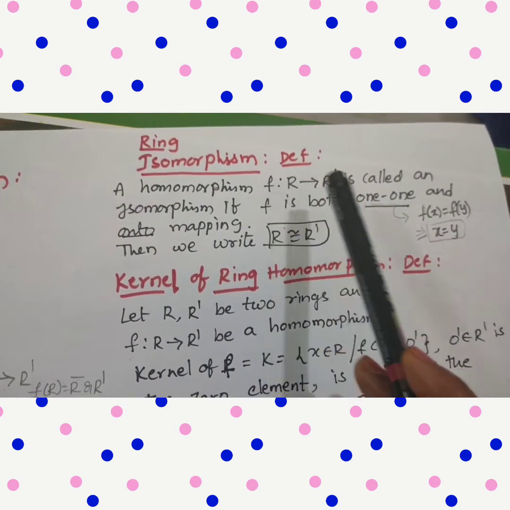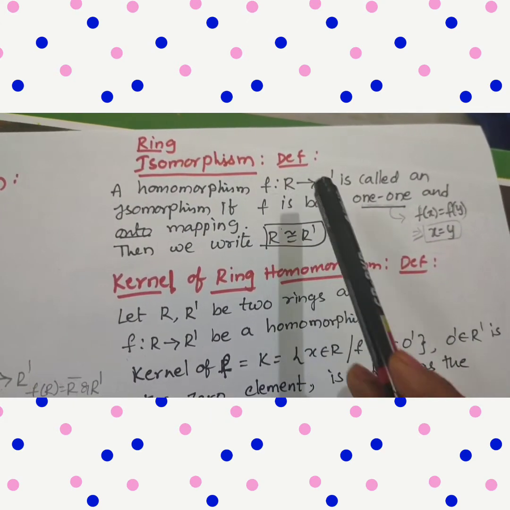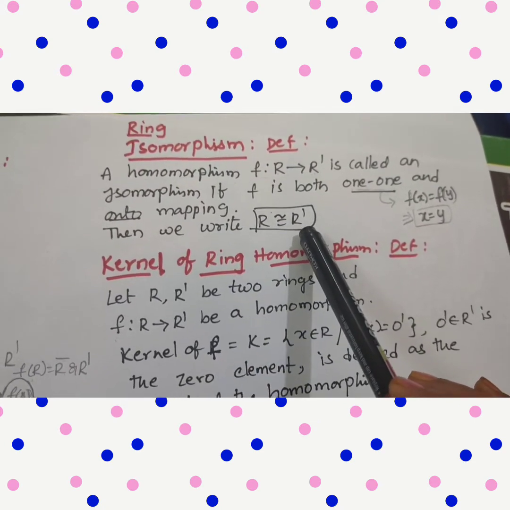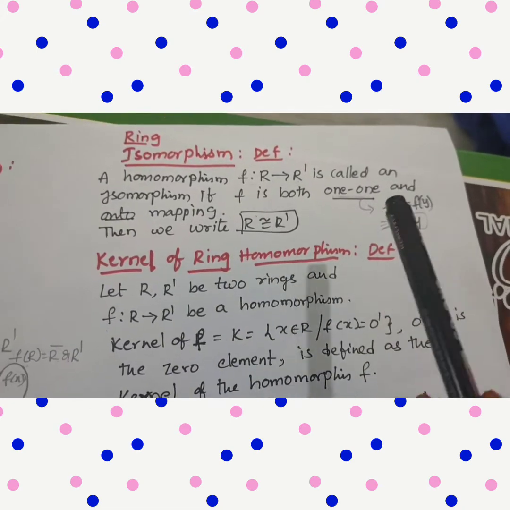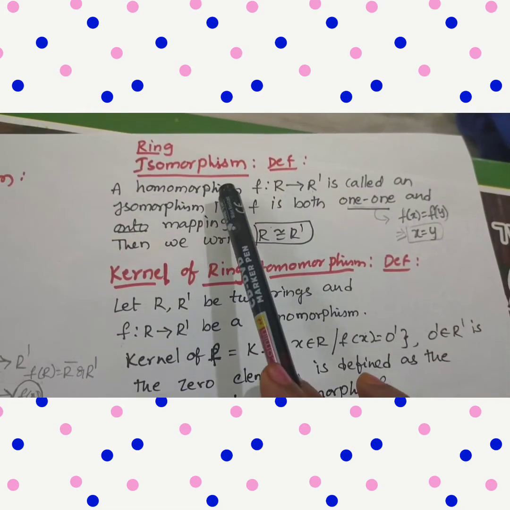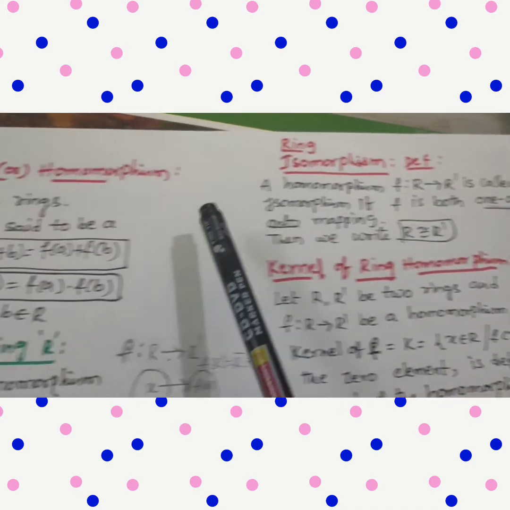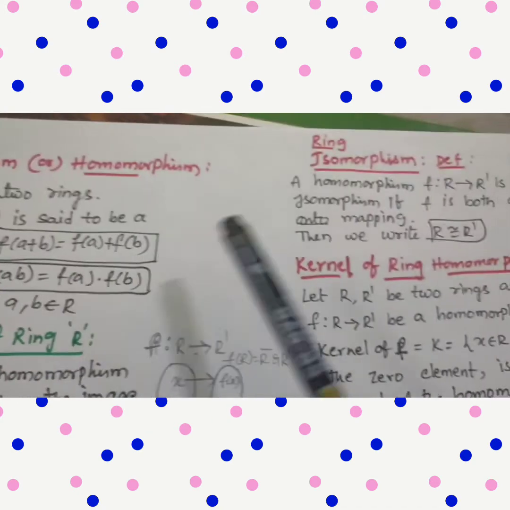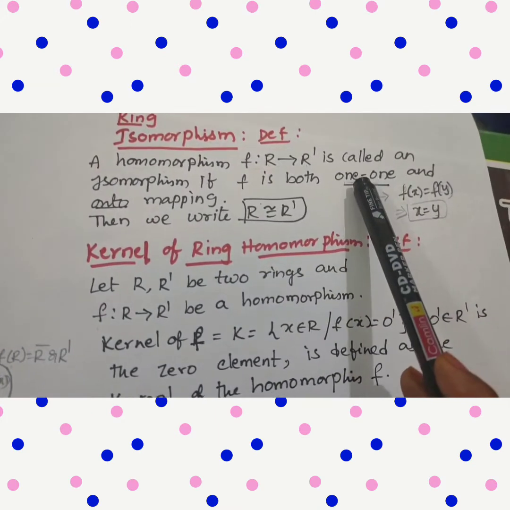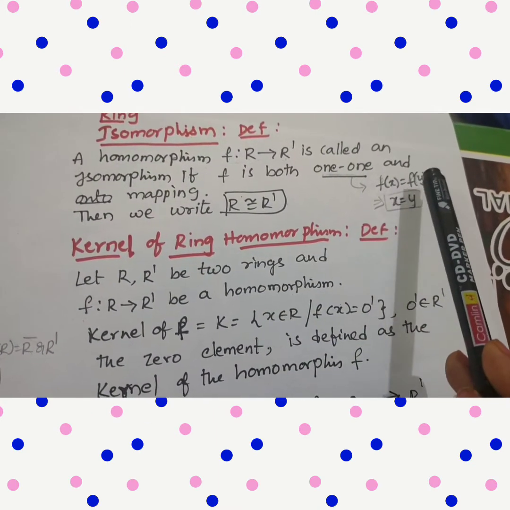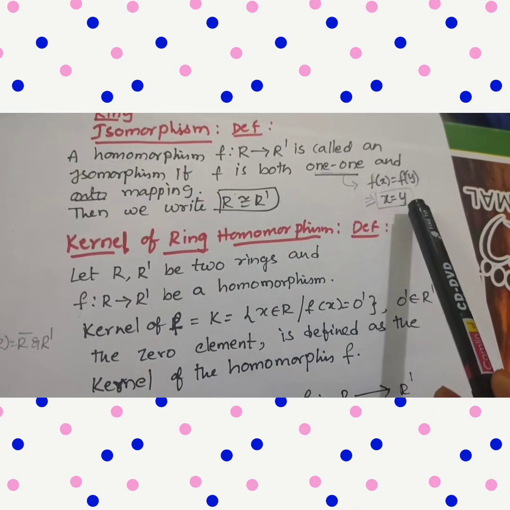Then the given function is called an isomorphic function, or the set R is isomorphic to R dash. Here we have seen what is homomorphism. A function is homomorphic when it satisfies these conditions, and when we say a function is one to one, this is the condition: f of x is equal to f of y gives x is equal to y.